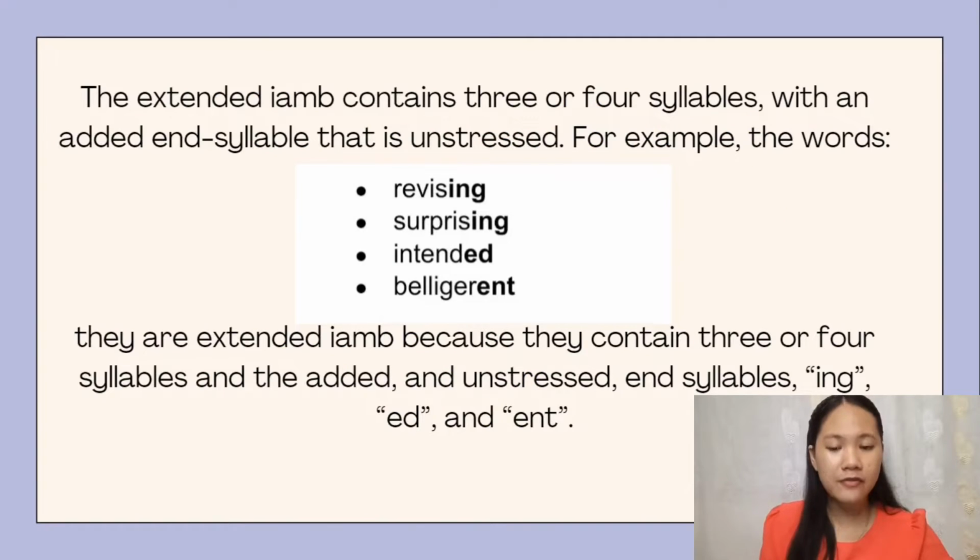We also have the extended iamb that contains 3 or 4 syllables with an added unstressed end syllable. For example, the words revising, surprising, intended, belligerent. They are extended iamb because they contain 3 or 4 syllables and the added unstressed end syllables ing, ed, and ent. So now let us move on to the next type of feet.